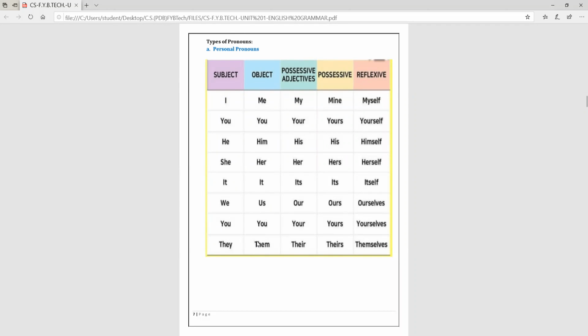So these are the objective cases. In possessive adjectives, we use the possessive adjective for I as my. My, we use it as a possessive adjective, which in short means mine.